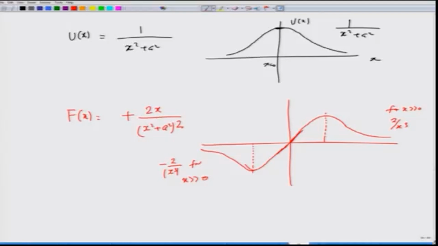On the right side the force is positive, and you can see from the graph also that a particle with this potential energy will be pushed to the right. On the left side of the origin it will be pushed to the left, and that is precisely what the curve for the force is showing. The force is negative for x less than 0 and it is positive for x greater than 0.